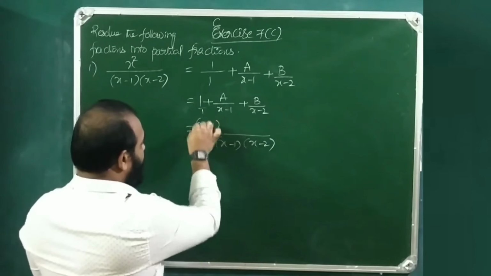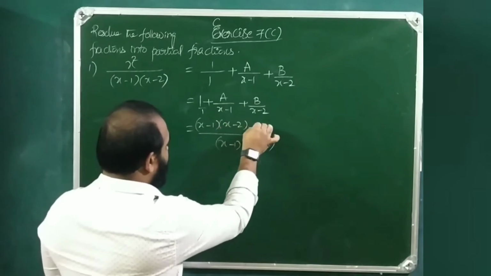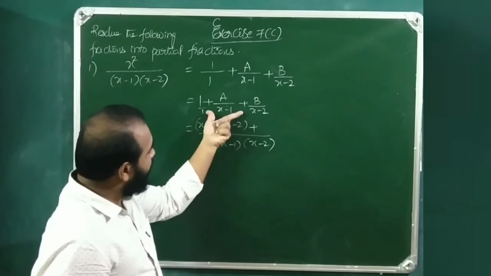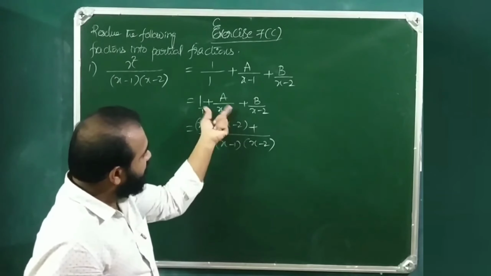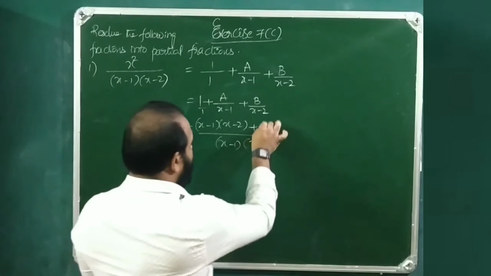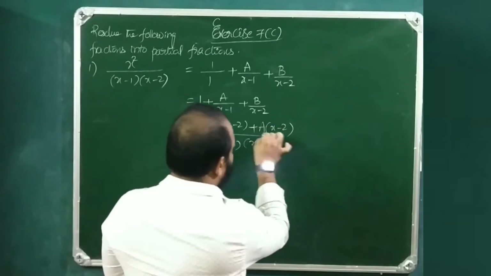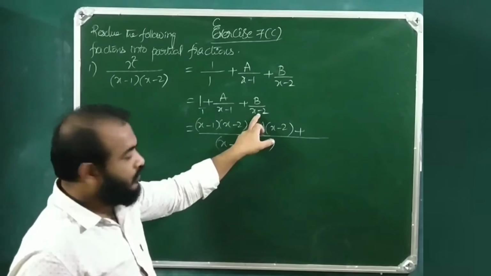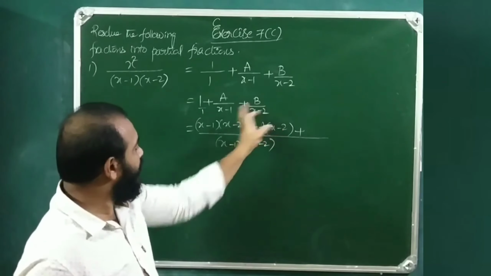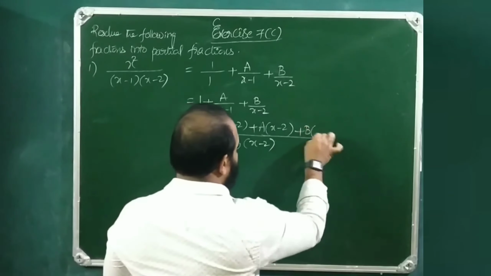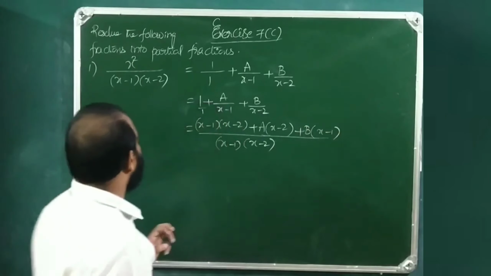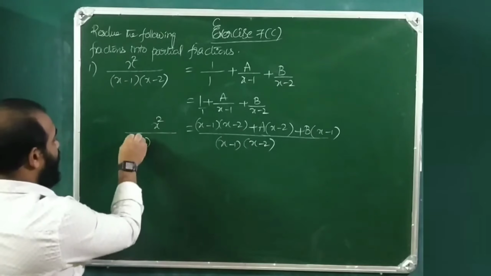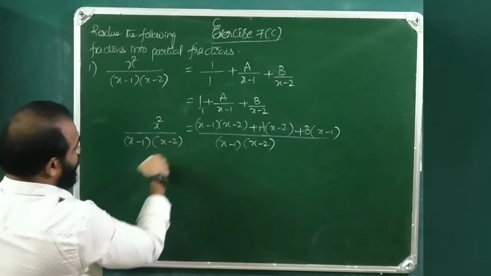So this is (x minus 1) into (x minus 2), plus (x minus 1) into (x minus 2) by (x minus 1), so this gets cancelled, A into (x minus 2), plus (x minus 1) into (x minus 2) by (x minus 2), x minus 2 gets cancelled, B into (x minus 1). So this is equal to x square by (x minus 1) into (x minus 2).